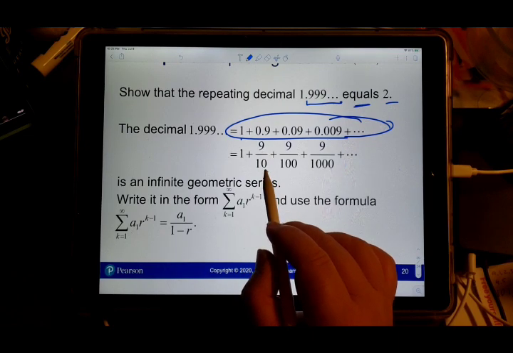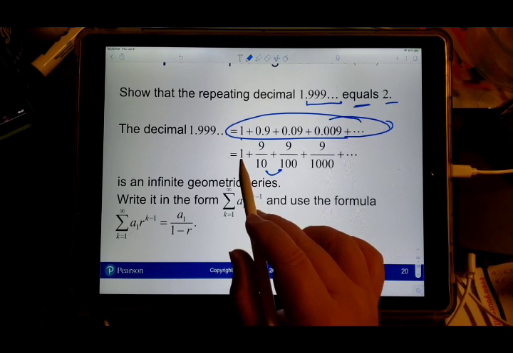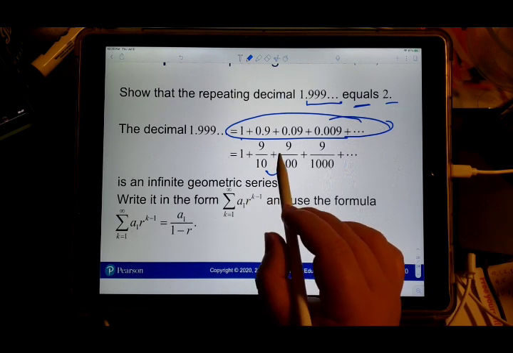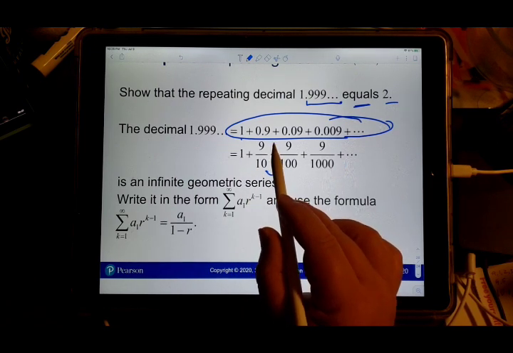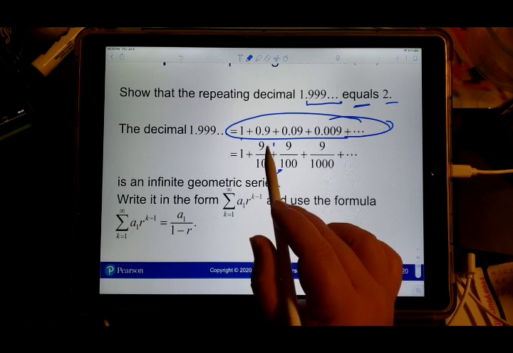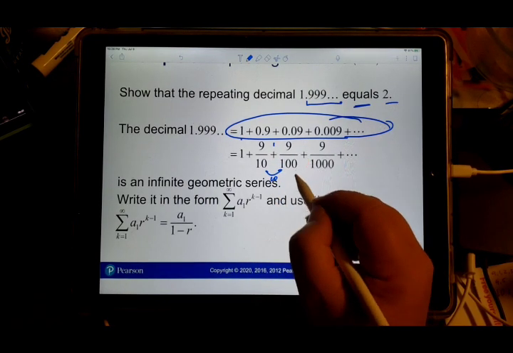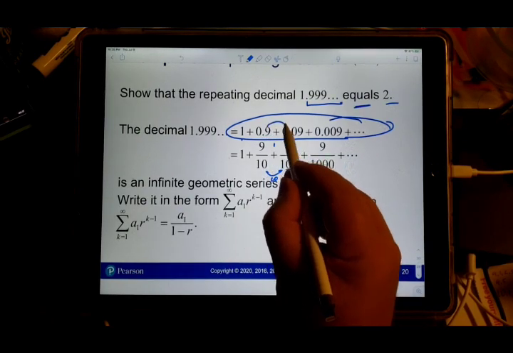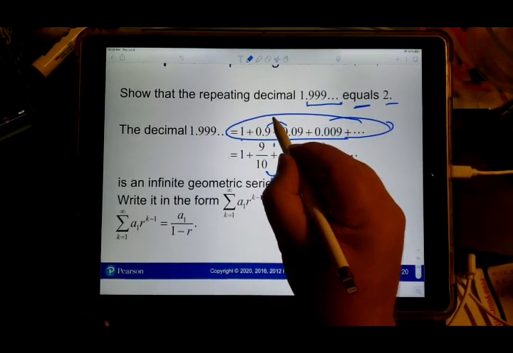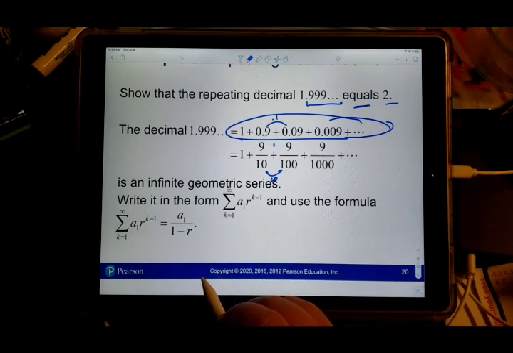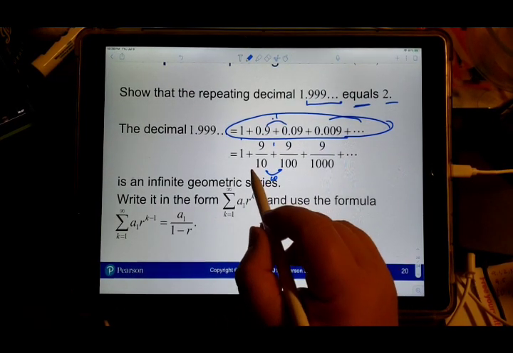Every term after the 1, we're multiplying the top by 1, because it's not changing, and the bottom by 10. So we're multiplying by 1/10, or 0.1.